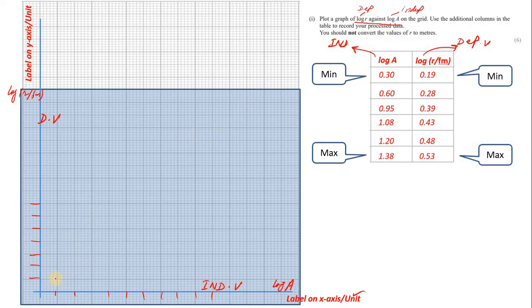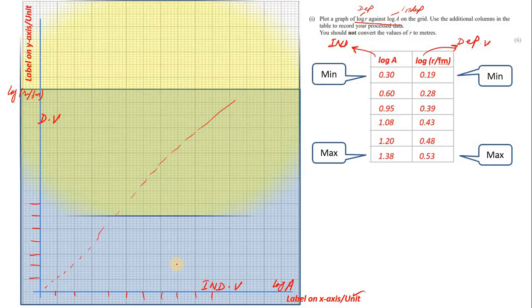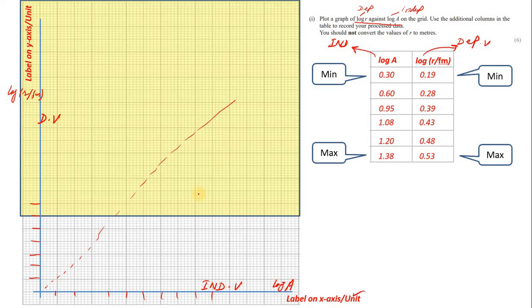So if you are plotting the graph from the bottom left, you can plot something like this. But it is possible that sometimes you choose a scale so that you don't start your graph from the bottom, you start slightly above. So this is the region that your graph or your line should be in.